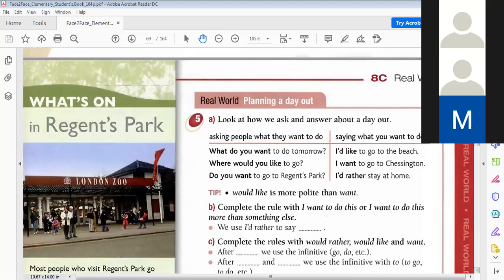Besma, what do you think this word means? Can you guess what this word means? I don't know.